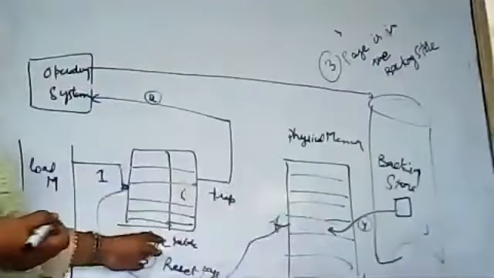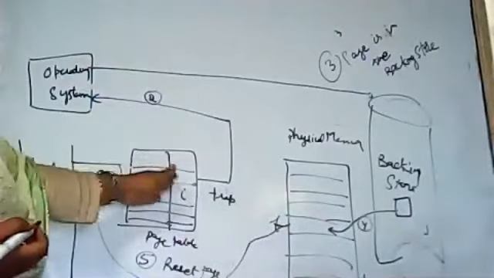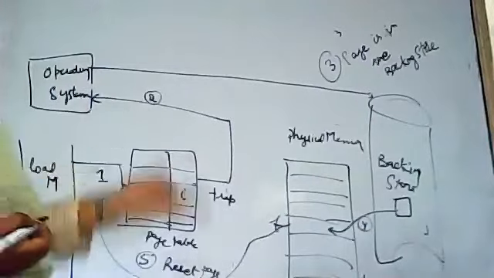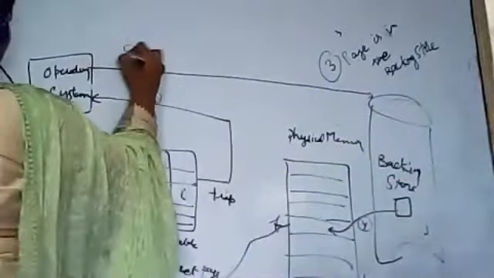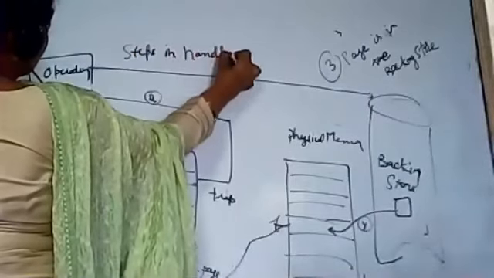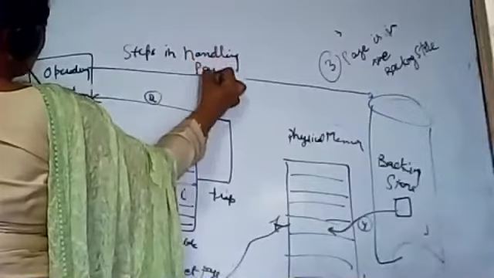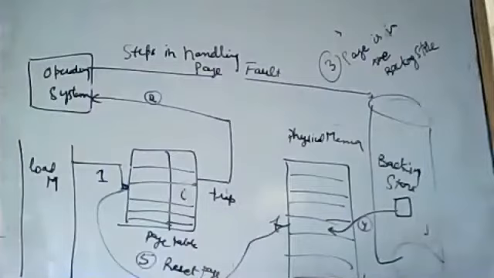We update the page table and the page is available, and this page table will be used by the CPU for getting the particular page. That is the steps in handling the page fault.